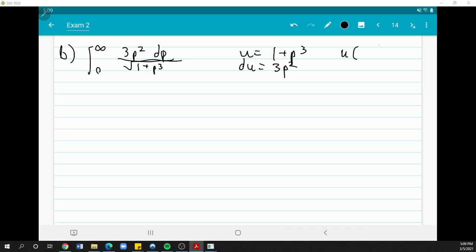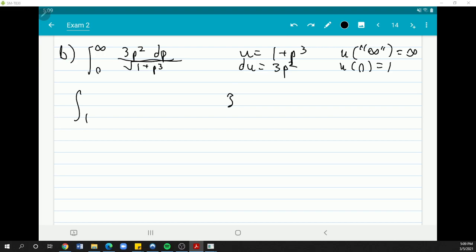And now u of 0 is 1. So I have u of 1, and u of quote-unquote infinity, if I try changing bounds, is going to be infinity. So what does that mean?